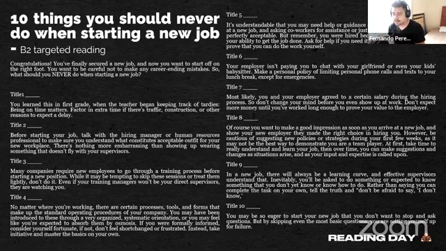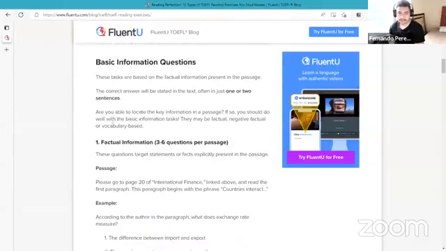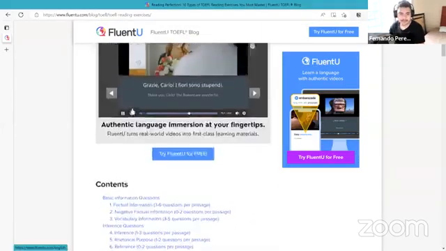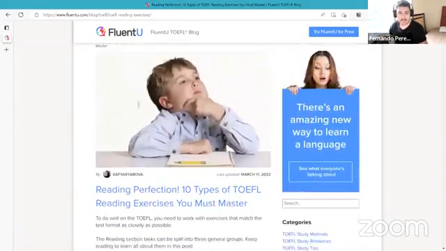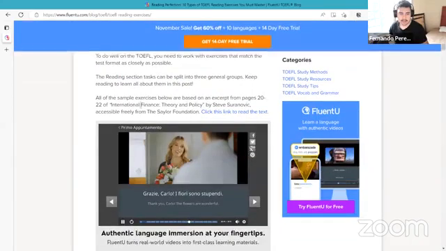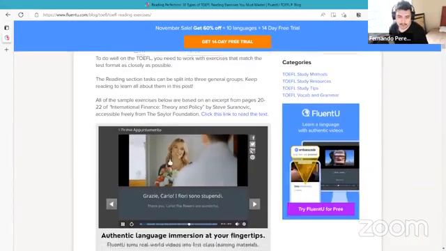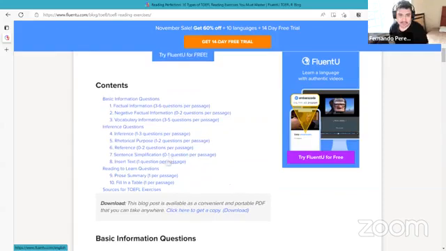So the reading section of TOEFL is formed this way. Look at this. This article has an explanation of how questions are.